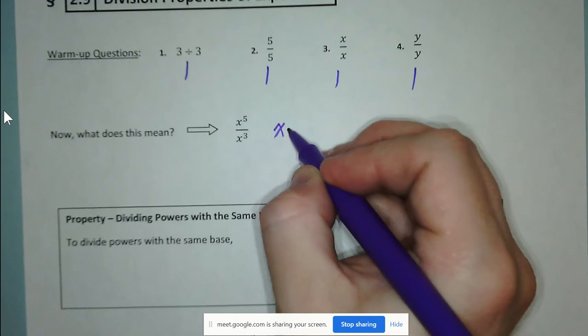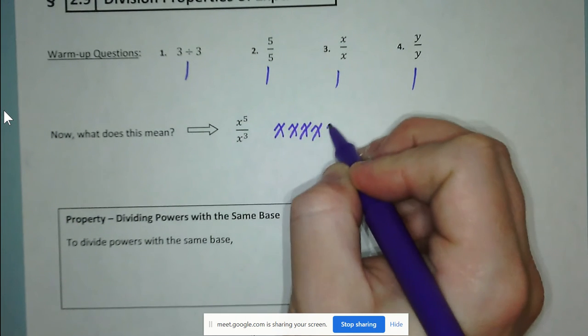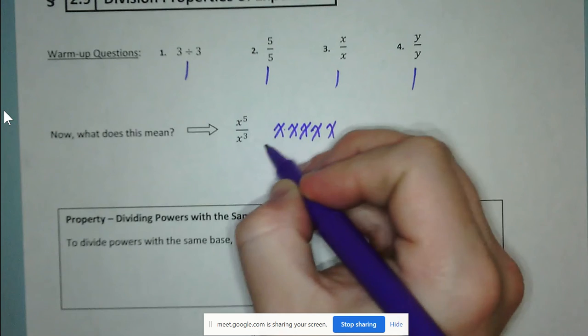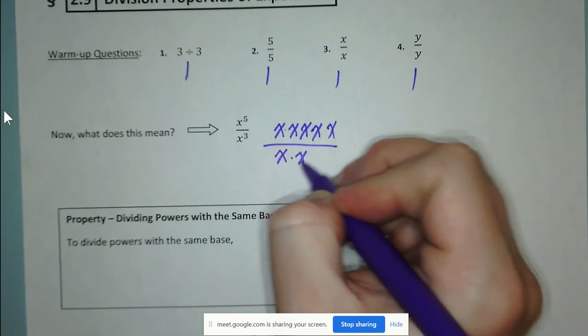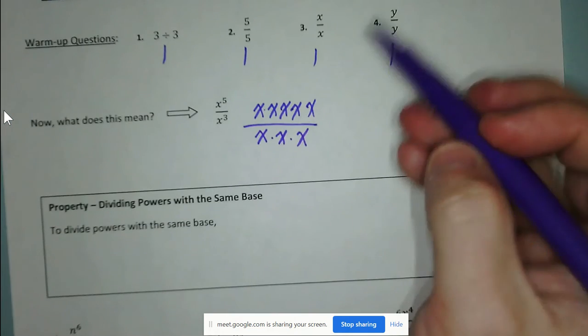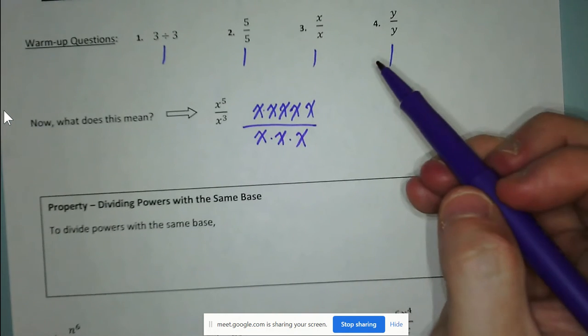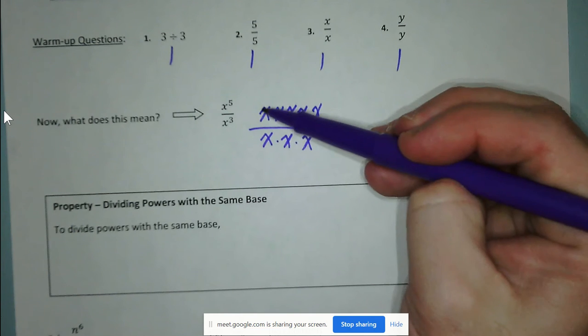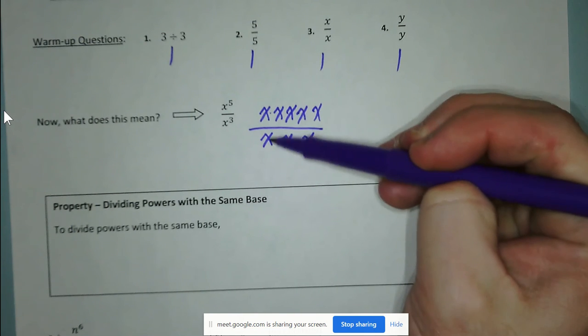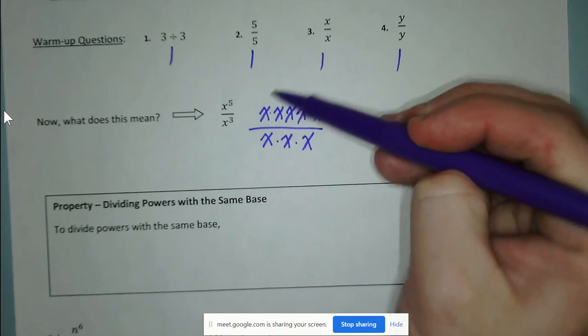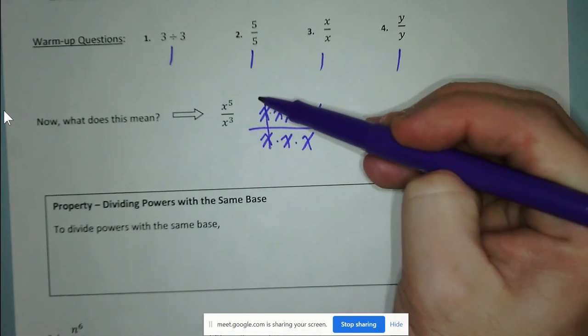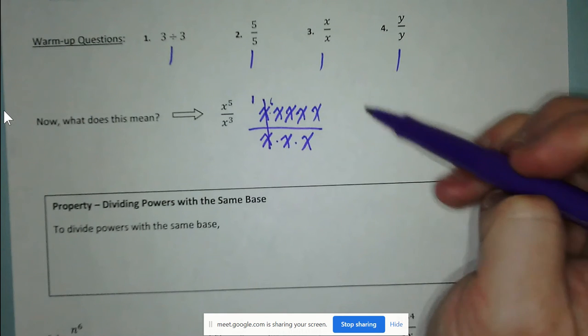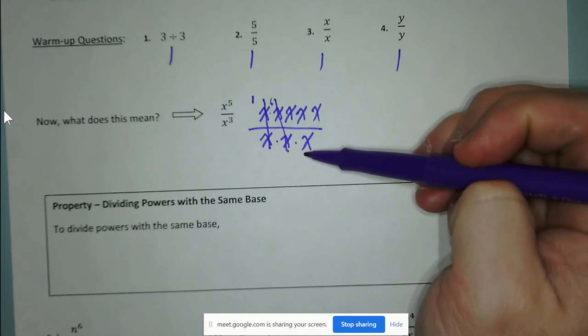Technically it means x times x times x times x all over x times x times x. So what happens in a way is that x over x divides to basically be 1. This divides.